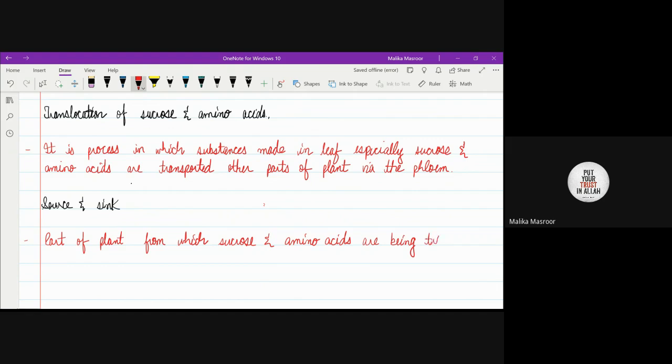It can be the roots as well, in case the plant is not photosynthesizing. That is the source, and the part of the plant to which they are being translocated is called the sink.